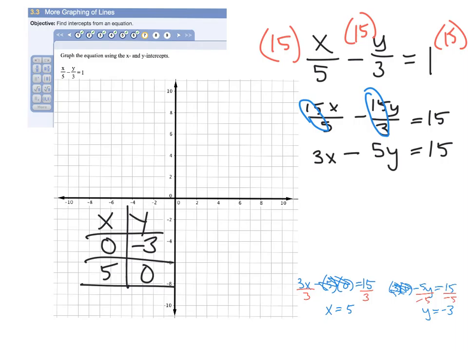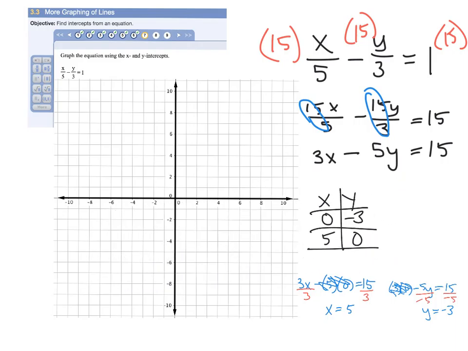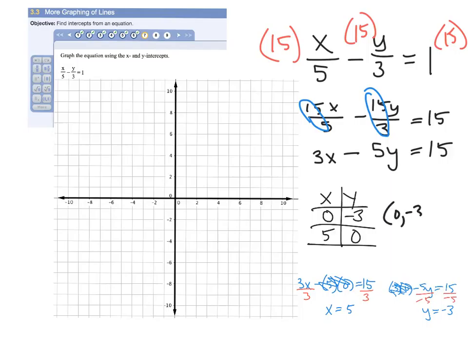And so we're going to take our table and we're going to move our table over here because that gives us our ordered pairs. So the first ordered pair is 0, -3. And the second ordered pair right here is 5, 0. And we're going to take, now let's see if it works.